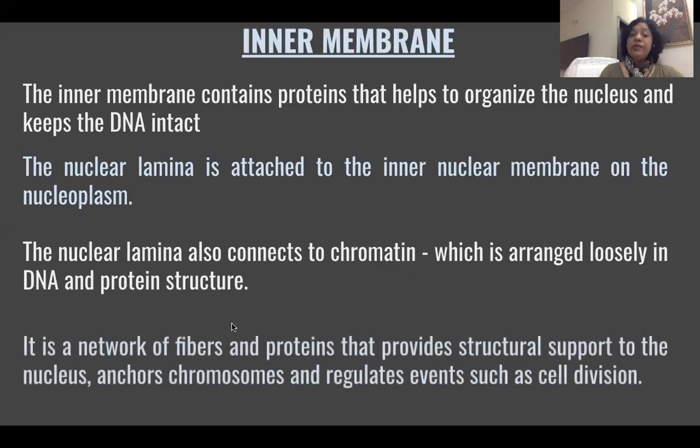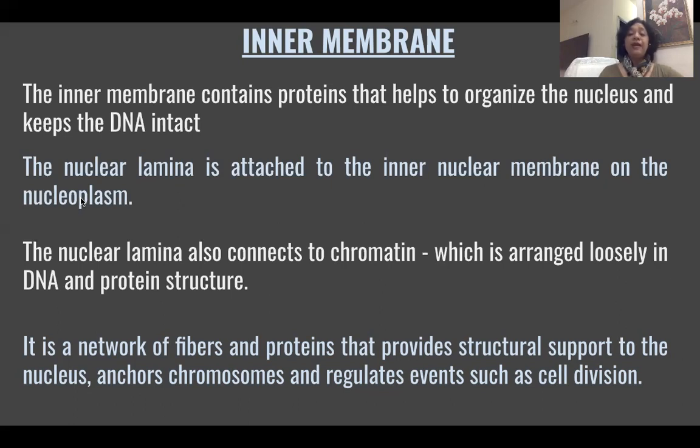Now, let us see where the nuclear lamina is present. I told you that nuclear lamina is attached to the inner membrane of the nuclear membrane. So it is present in between the inner nuclear membrane and the nucleoplasm. The nuclear lamina also connects to chromatin, and where is the chromatin present, students?